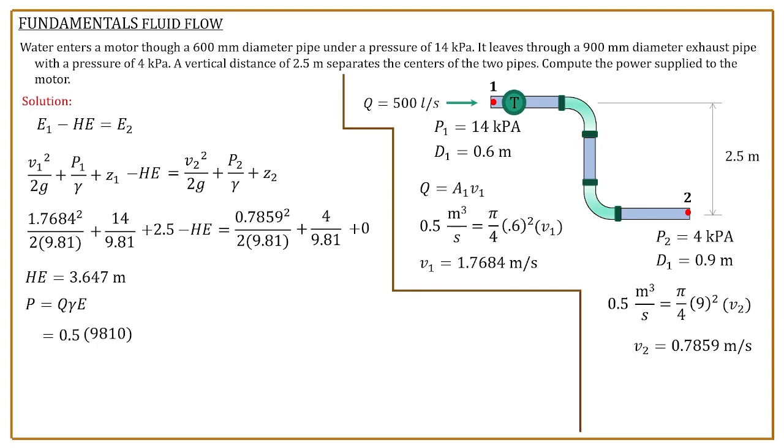Pero kung gagamitin nyo yung 9.81, ang lalabas dito sa sagot natin is in kilowatts. Pero gawin natin siyang watts na lang. Basic unit muna, 9810 Newton. For energy extracted, we have 3.647 meters.